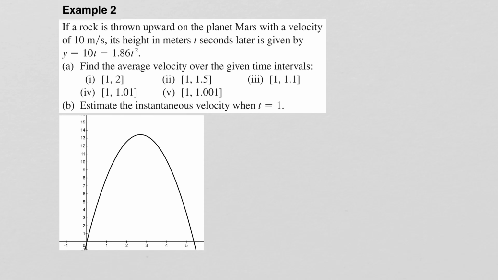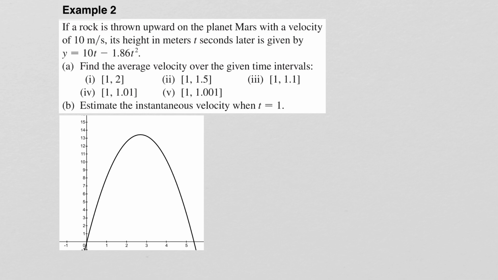For the second example, let's take a look at a velocity problem. If a rock is thrown upward on the planet Mars with a velocity of 10 meters per second, its height in meters t seconds later is given by the equation y equals 10t minus 1.86 times t squared. Now, I went ahead and graphed that function on a graphing calculator so you would have it for your reference.